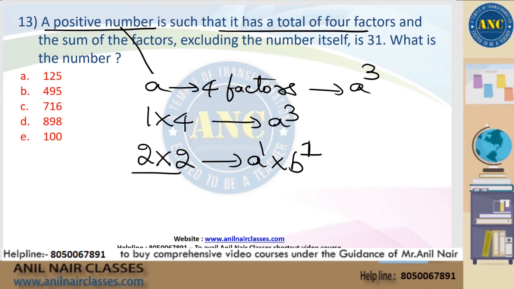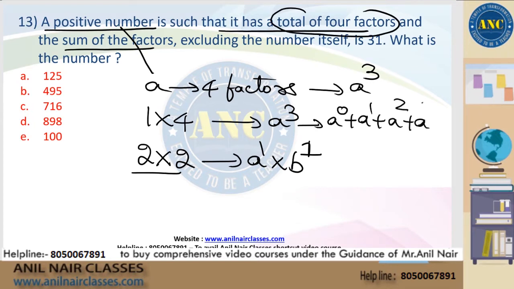A cube and A into B both have a total of 4 factors. Sum of the factors: A power 0 plus A power 1 plus A square plus A cube. Excluding the number A cube, it is 31.